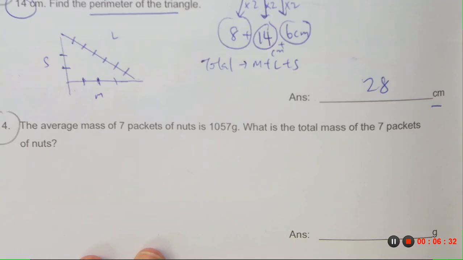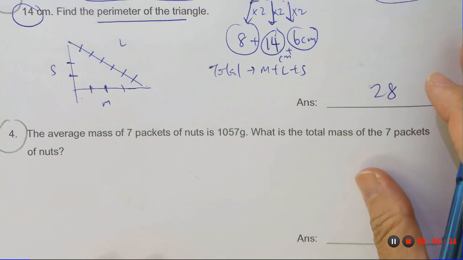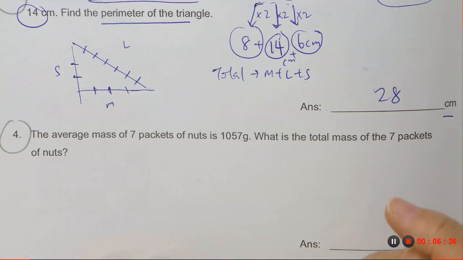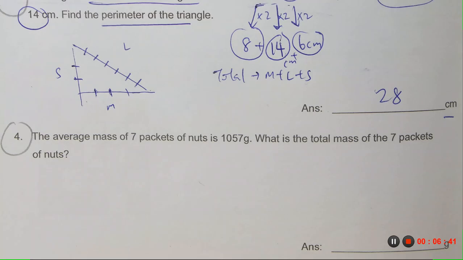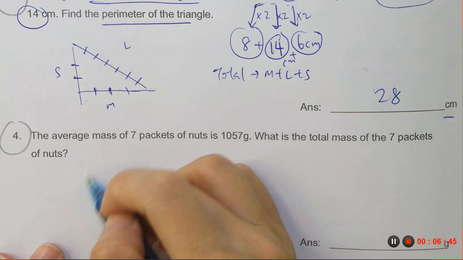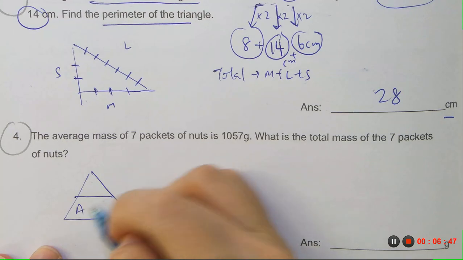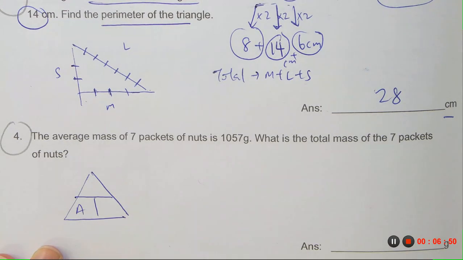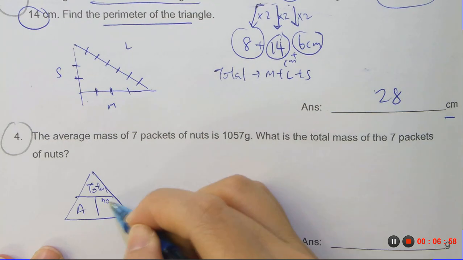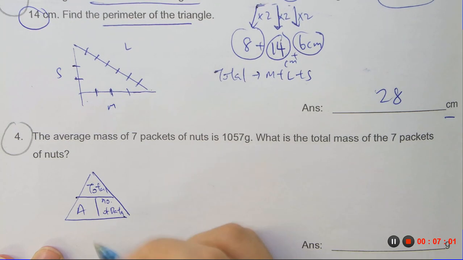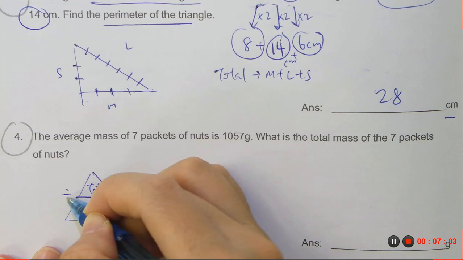Okay, then the formula. Next one, let's ask our friends here. Anybody want to? Tasha, you want to tell us what's the formula for average? Total divided by number of data. Thank you. So this is like a number bond.